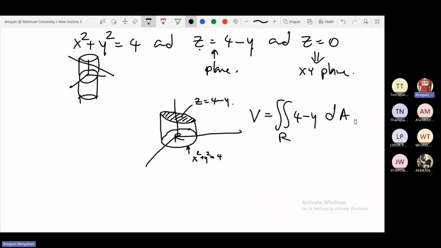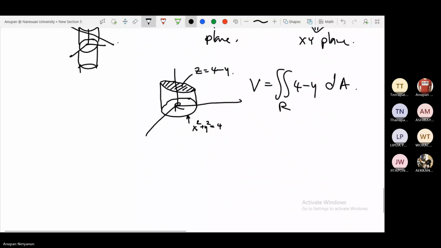Okay. Now, you need to change this into dx dy or dy dx, or you might want to consider the polar coordinate system, right? Because your region is a circle. Okay. So it's going to be r dr d theta, right?